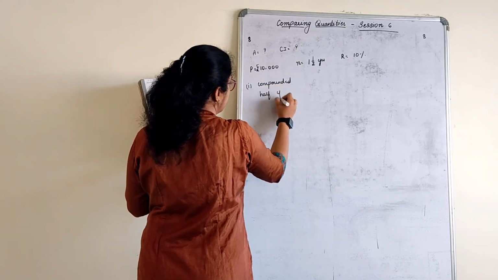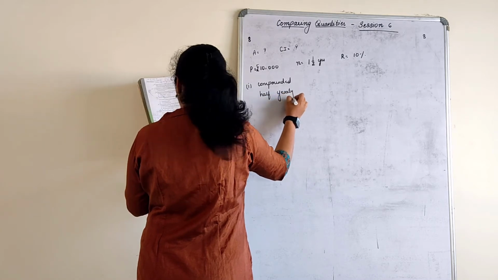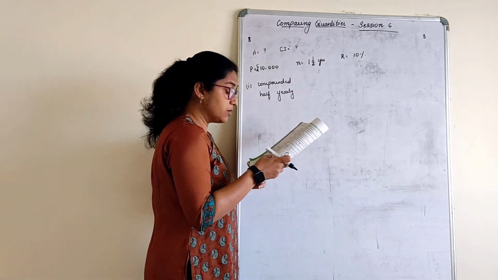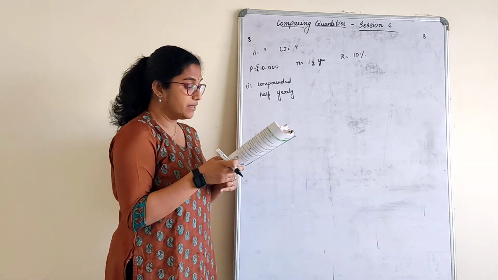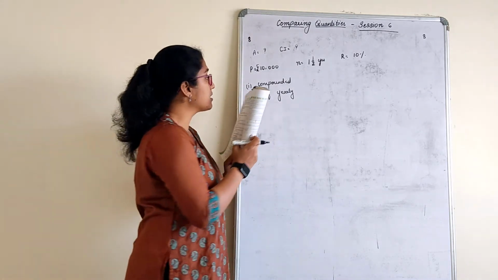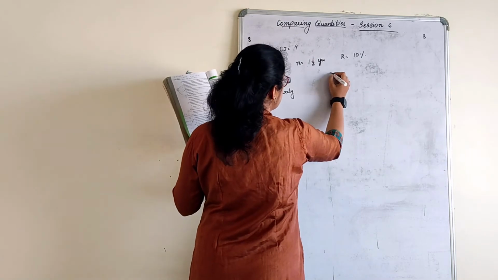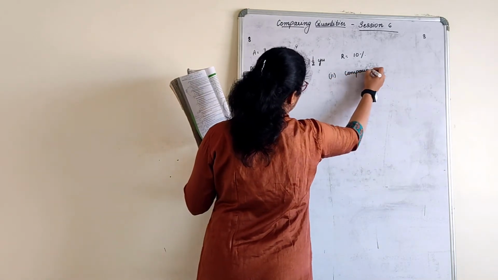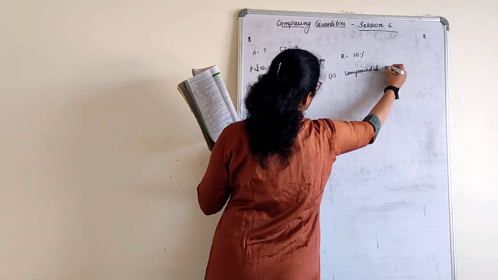What would be the interest? Would this interest be more if the interest he would get was compounded annually? Second part, compounded annually.